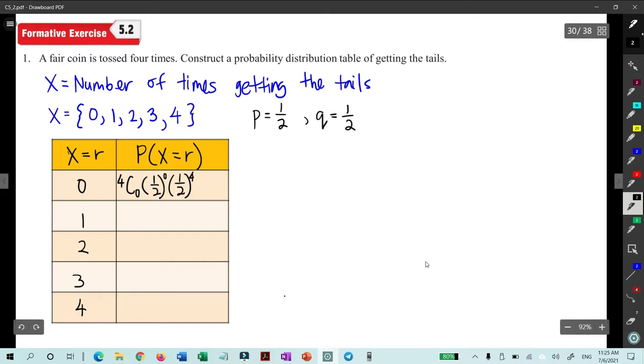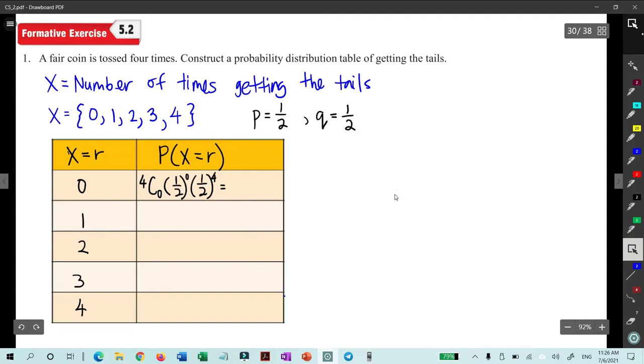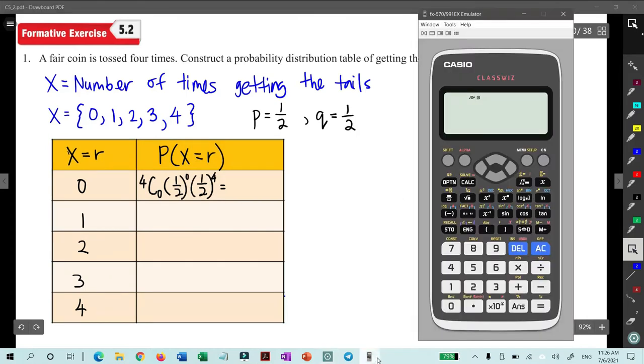which is equal to 4. And then I'm going to use the calculator to find the value of this.